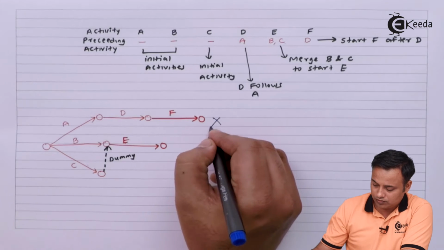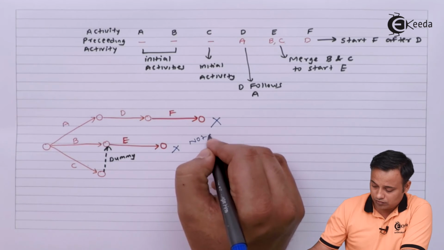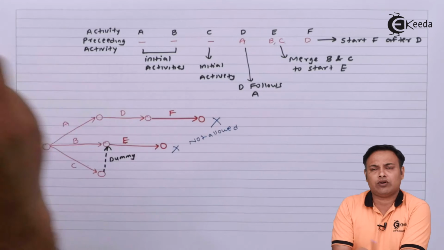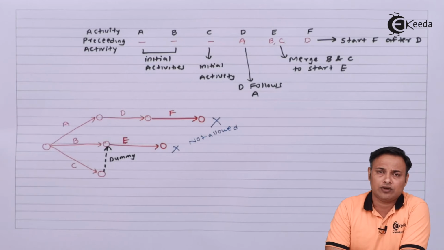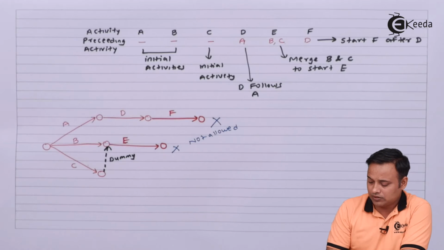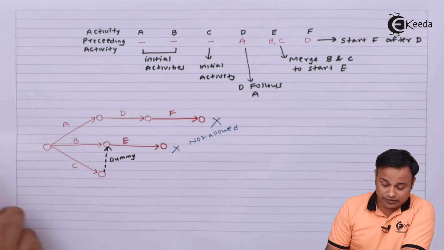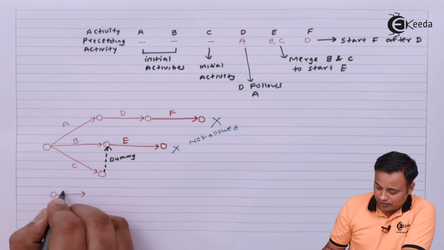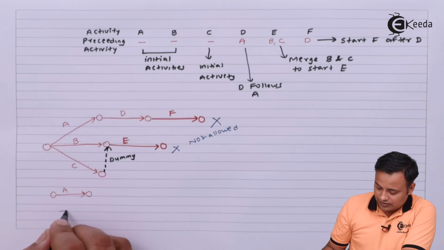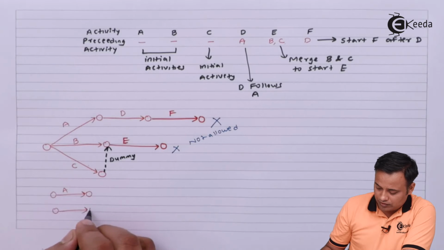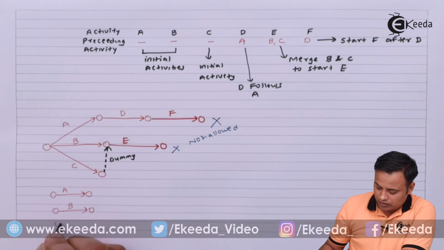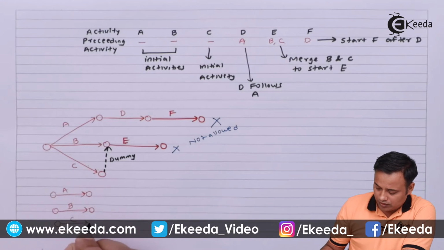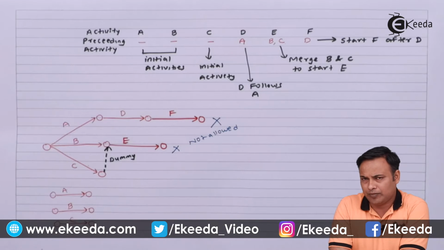This is not allowed. It goes against the rule that we can have one single start and one single end. Our start was only one. We did not do it like this, did we, that from here A, from here B and a third C. Did we have multiple starts?